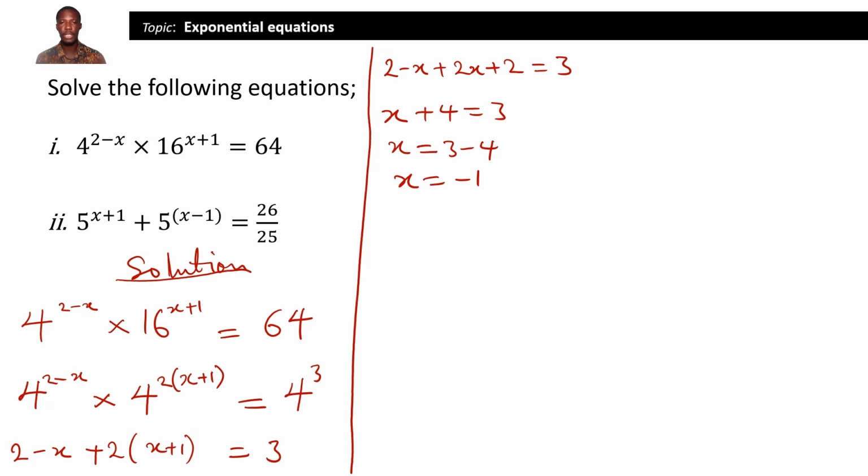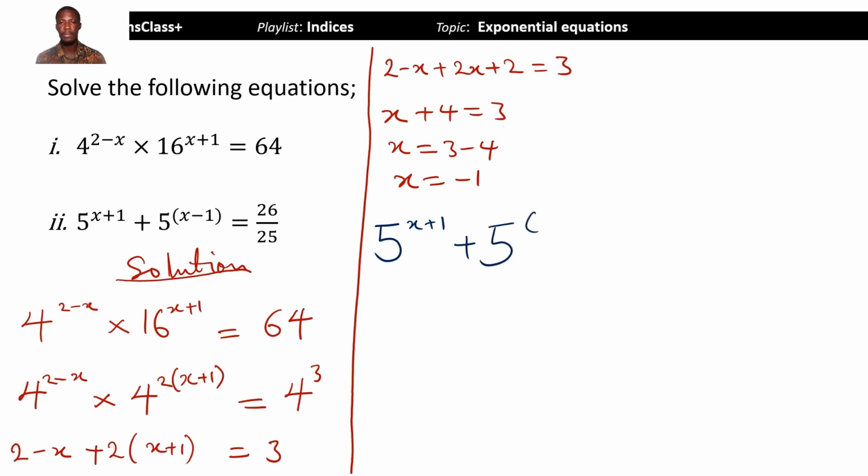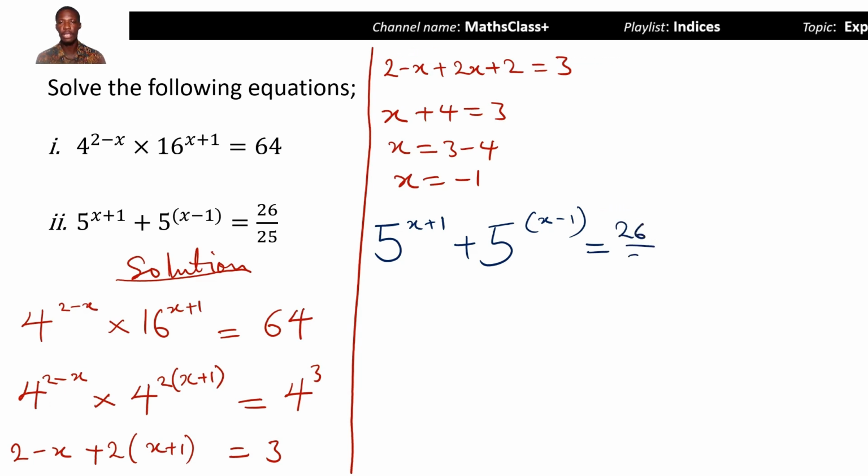Then to the second equation, we have 5 to the power x plus 1, and then 5 to the power x minus 1. And I am summing them. And when I sum them, the result is 26 over 25. Okay, so now looking at the first term here, 5 to the power of the expression x plus 1.